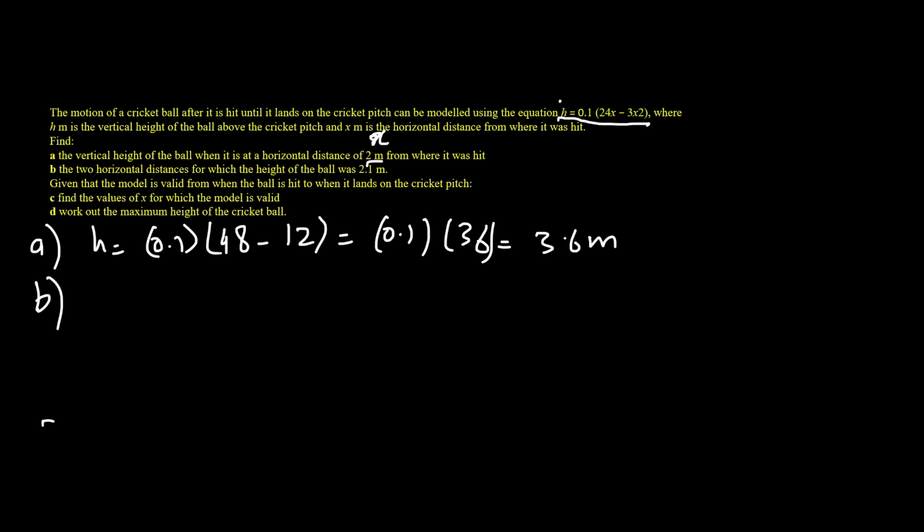For part B now. The two horizontal distances for which the height of the ball was 2.1 meters. So we put h is equal to 2.1 in this equation. So 2.1 is equal to 0.1 times 24x minus 3x squared.